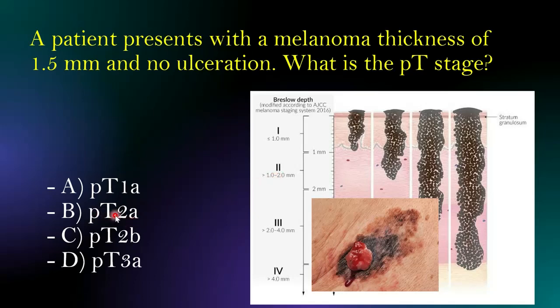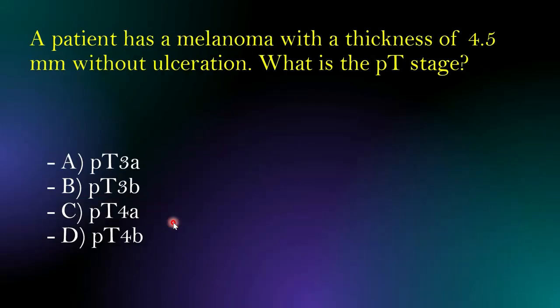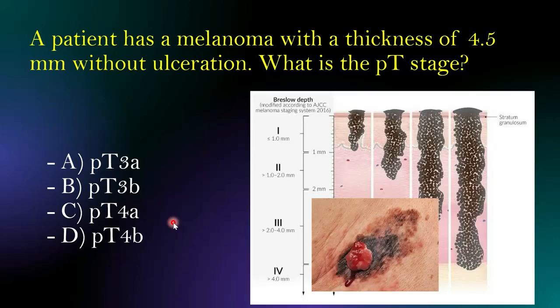So it is PT2, and no ulceration, so PT2A. A patient has melanoma with a thickness of 4.5 mm without ulceration. 4.5 mm is more than 4 mm, so it becomes pathological T4, and without ulceration is A, so PT4A.